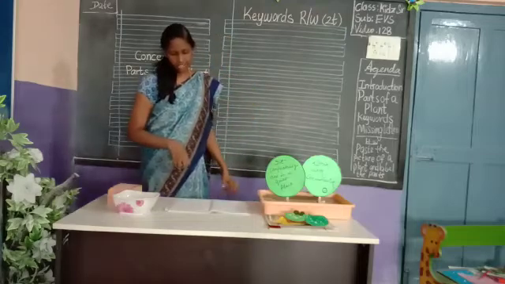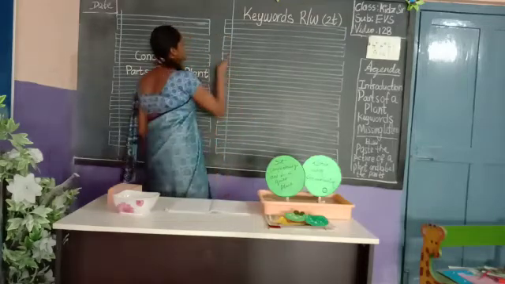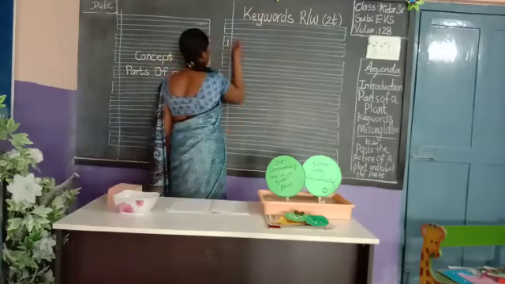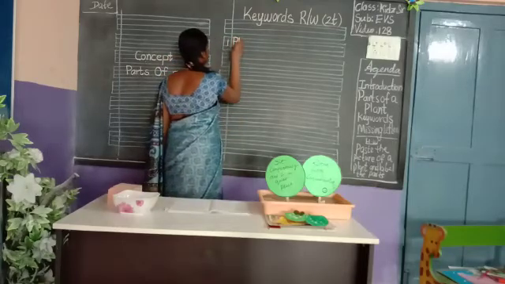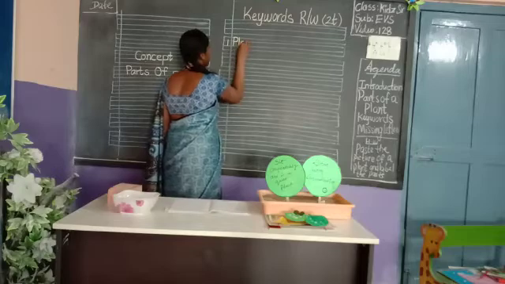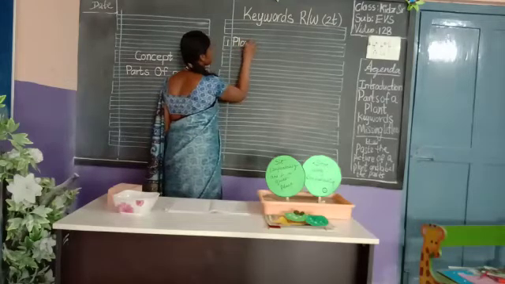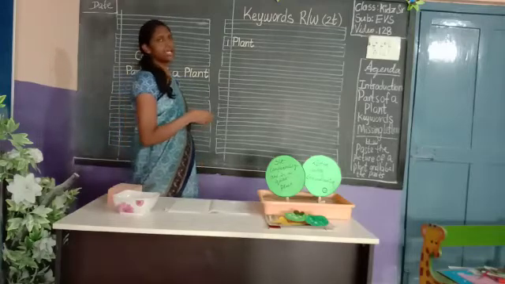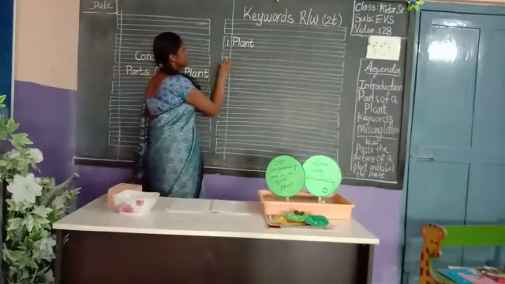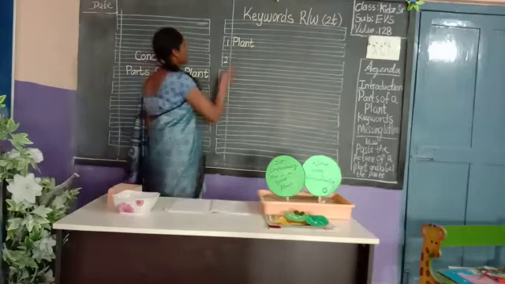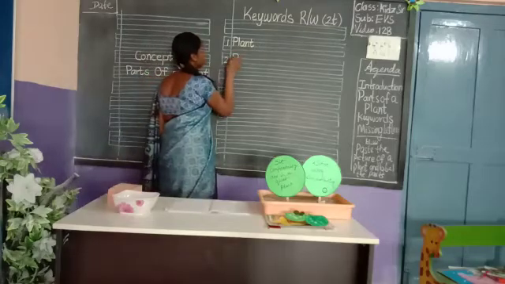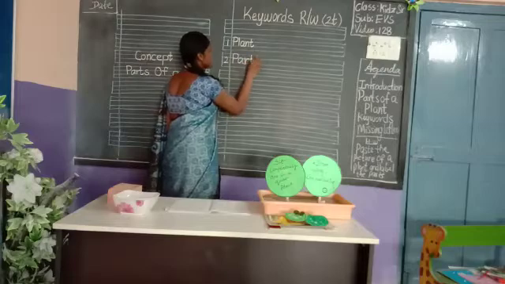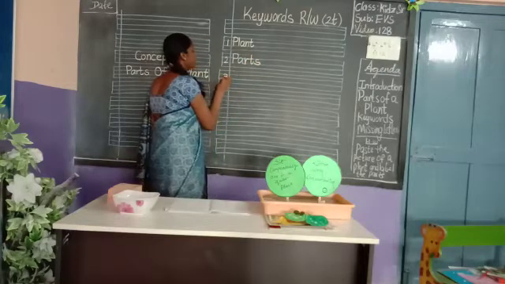So you have to read and write keywords 2 times. The first one is plant. P-L-A-N-T. Touch the lines and write neatly, children. Plant. Next one is P-A-R-T.